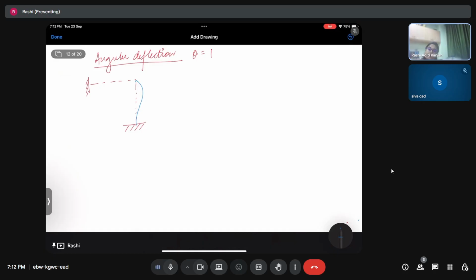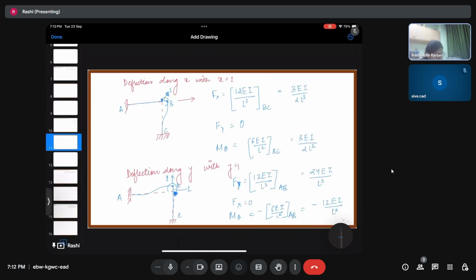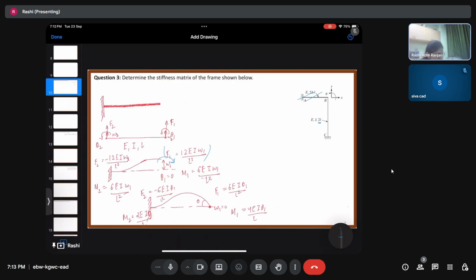The displacement is 0, but then there is an angle theta. So we'll have fx, fy, and then what was the direction of movement?